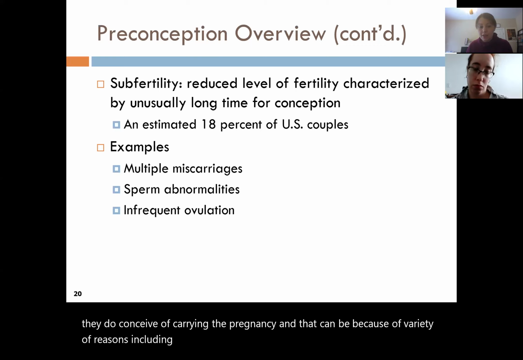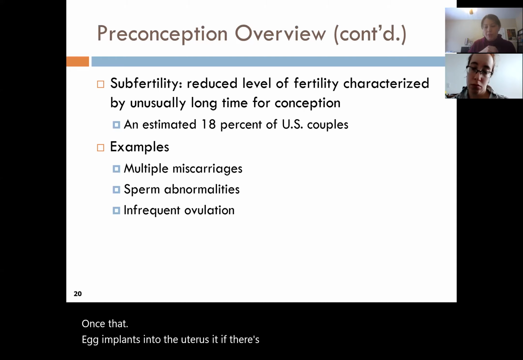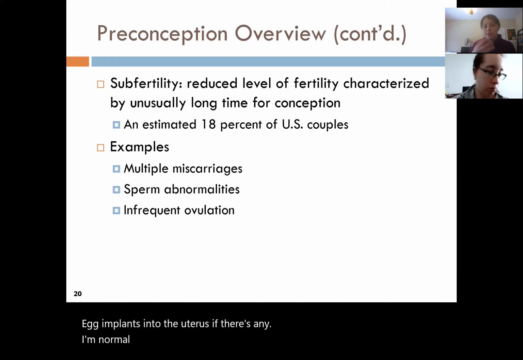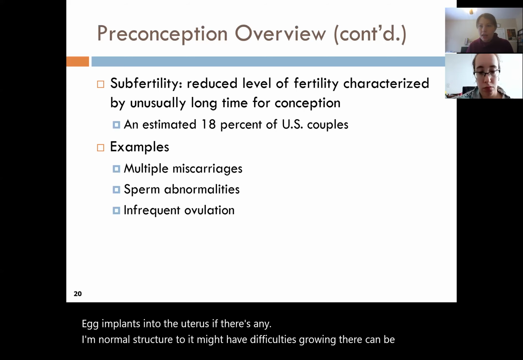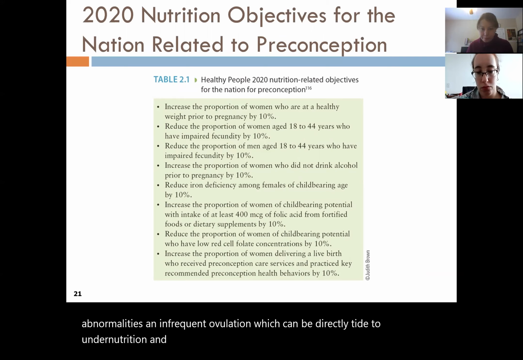It could be physical: abnormal structure of the uterus can make it difficult once the egg implants into the uterus, and it might have difficulties growing. There can be sperm abnormalities and infrequent ovulation, which can be directly tied to undernutrition and also disordered eating.